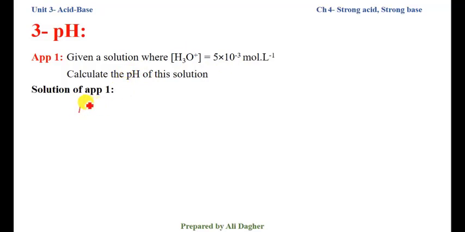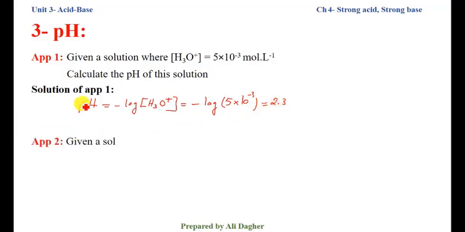Then we apply the relation pH equals negative log concentration of H3O+, equals negative log of 5×10^-3, equals 2.3. The pH is without unit.